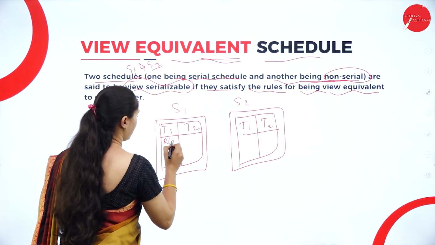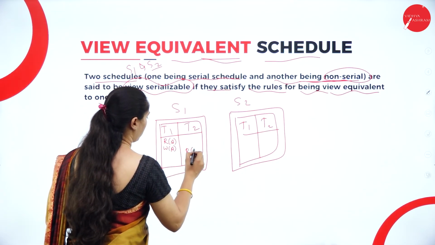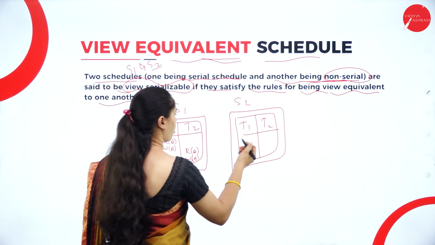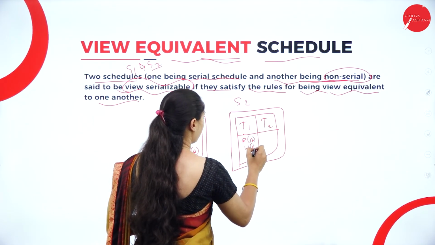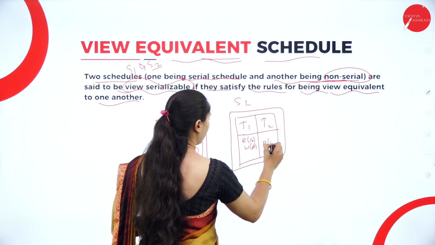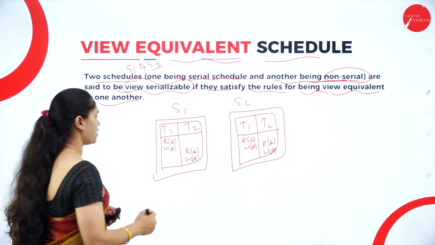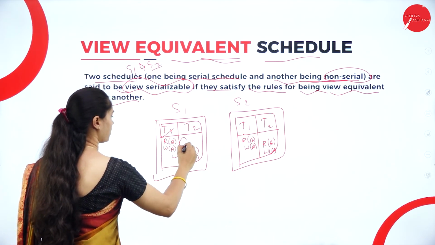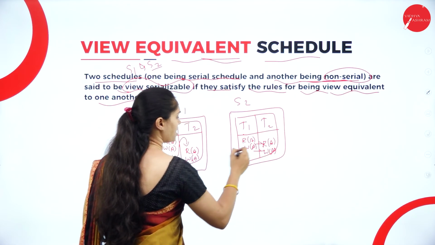Read of A and then write of A. But if it is non-serial in nature, it will also be read of A and then write of A. If it is serial, this will execute first and next it comes to the second transaction. If it is non-serial, both take place in parallel.